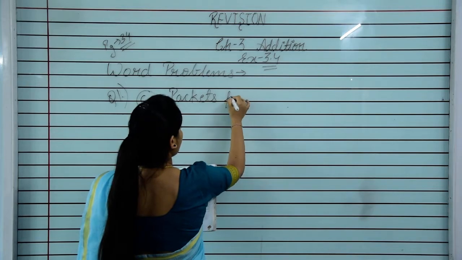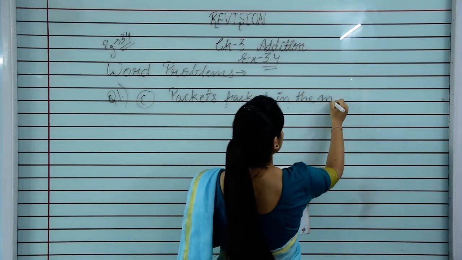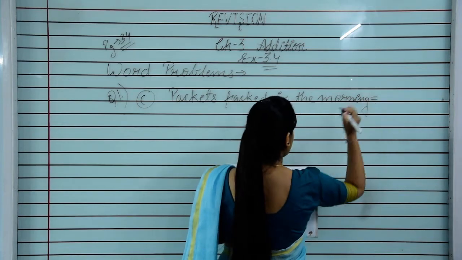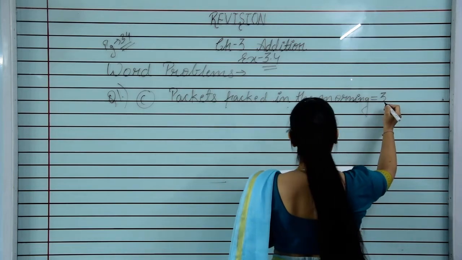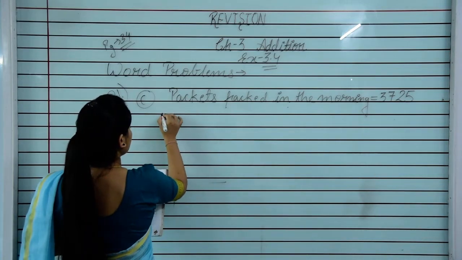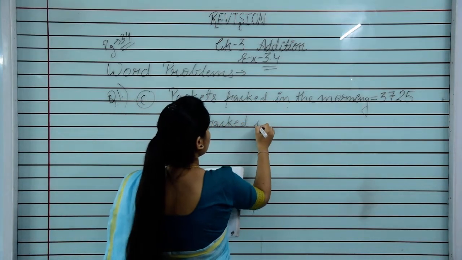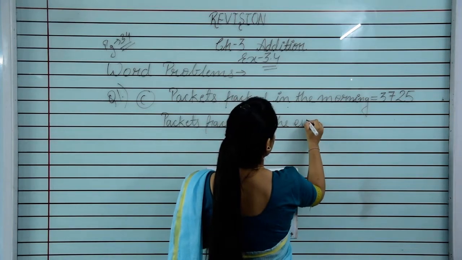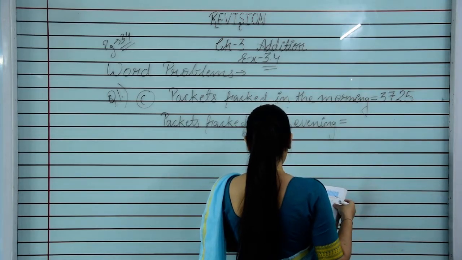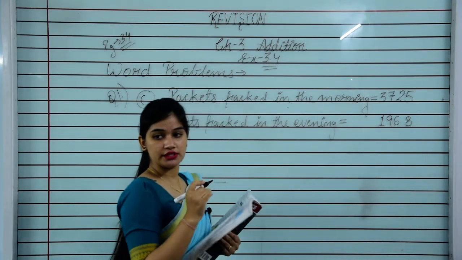Packets packed in the morning, 3725. Then packets packed in the evening, 1968. Understood students?